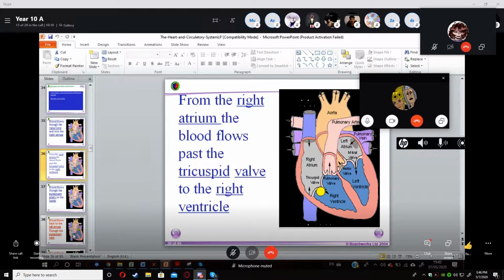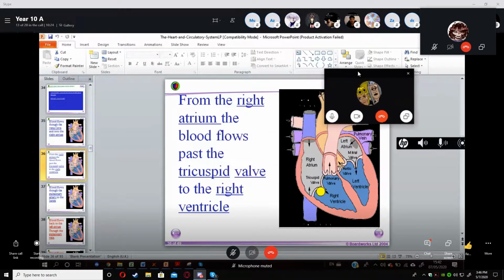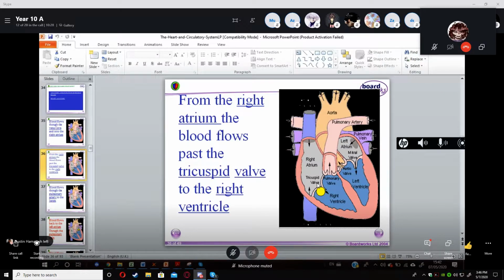We finished the cardiac cycle, didn't we? Did you do this slide where it told you how the blood moves from the right to left, from the right atrium? You have to talk.